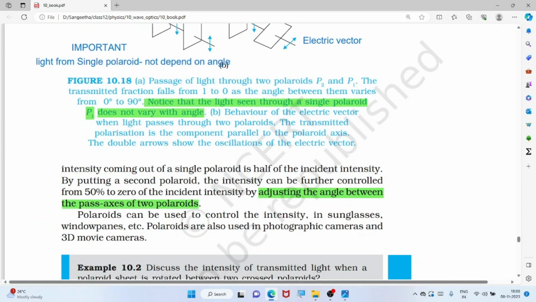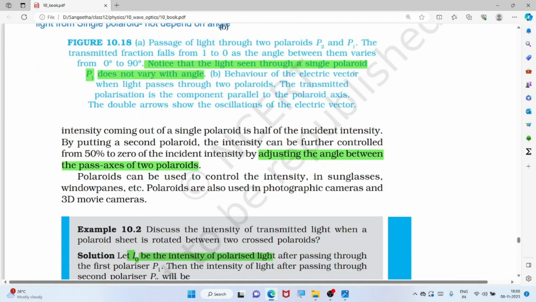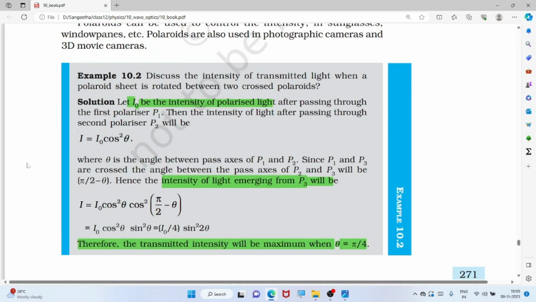Adjust the angle between the two polarizers. The intensity coming out of a single Polaroid is half of the incident intensity. By putting the second Polaroid, the intensity can be further controlled. Discuss the intensity of the transmitted light when a Polaroid sheet is rotated between two crossed polarizers. Crossed polarizers means their pass axes are at 90 degrees, so no light comes out of the second Polaroid.